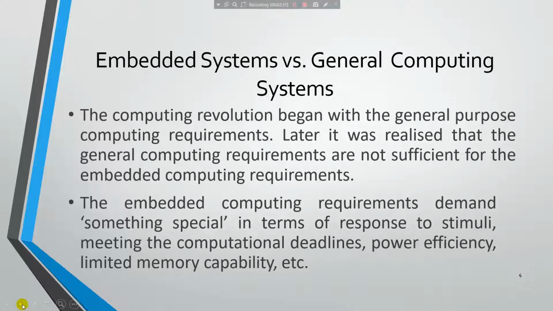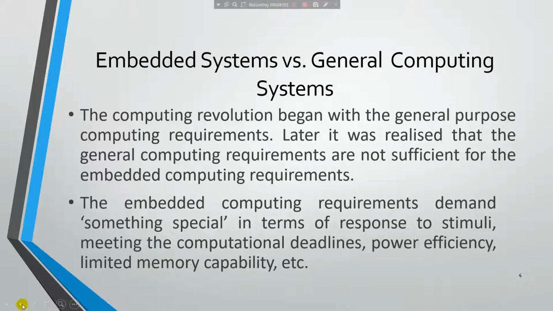So when it comes to embedded computing requirements, we can call it something specific or special purpose. This can be considered as a particular hardware. So that can include computational deadlines, power efficiency, limited power, and memory capability. These are the main things you need to remember when you are designing a particular hardware.